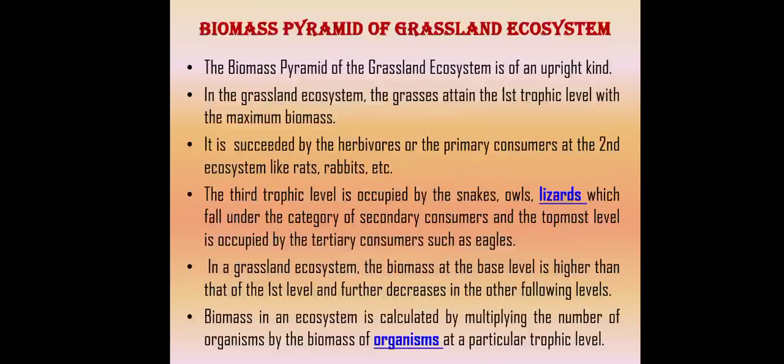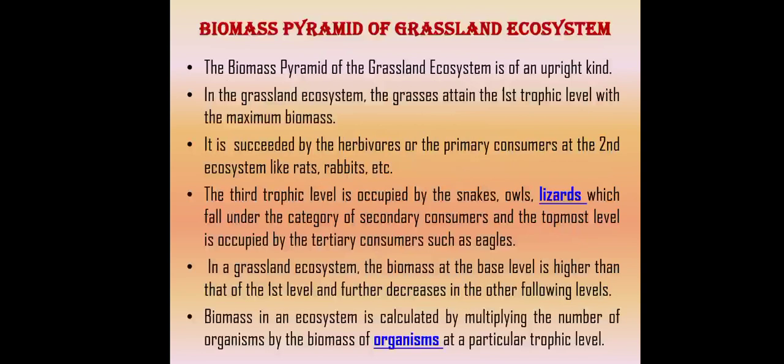The organisms at the third and fourth trophic levels have less biomass, so this pyramid of biomass is narrower at the top and broader at the base, where the grasses, the producers, are present. So in a grassland ecosystem, the biomass at the base level is higher than that of the next level and further decreases in order of the following levels.